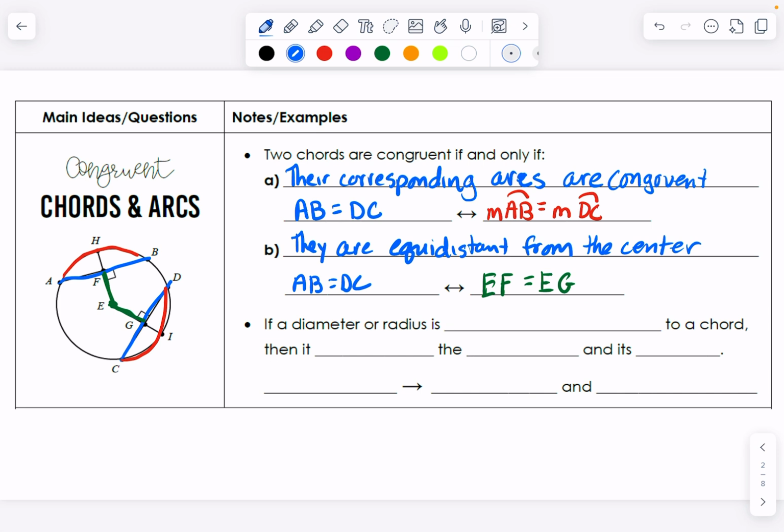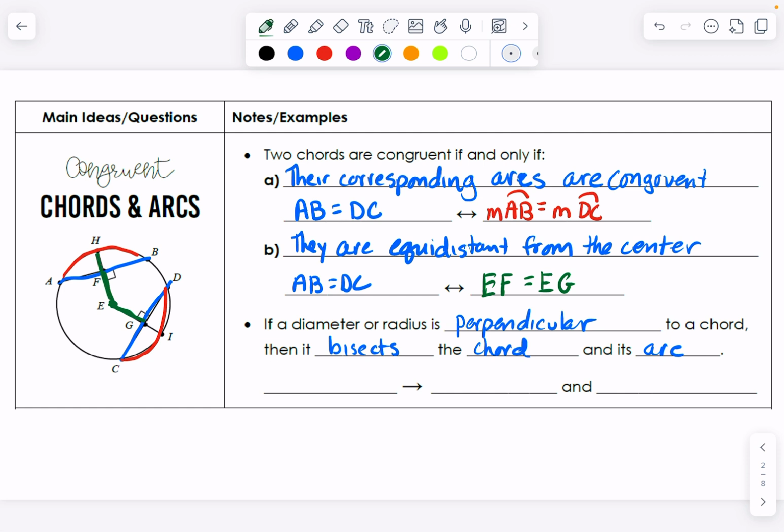Then the other piece, if a diameter or radius is perpendicular to a chord, then it bisects the chord and its arc, meaning a diameter, or a radius.